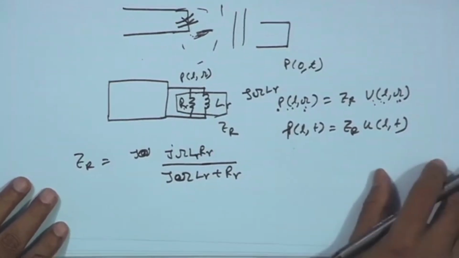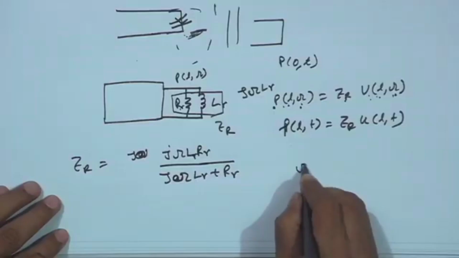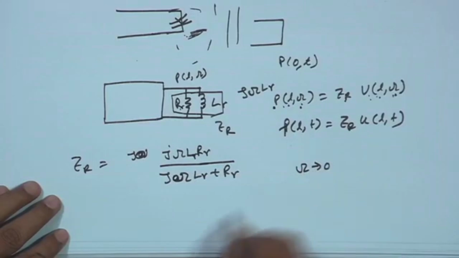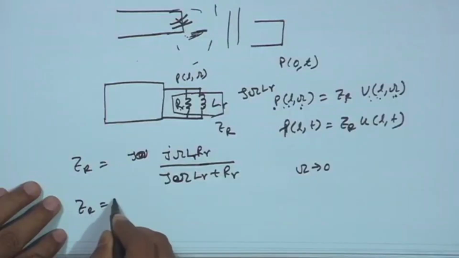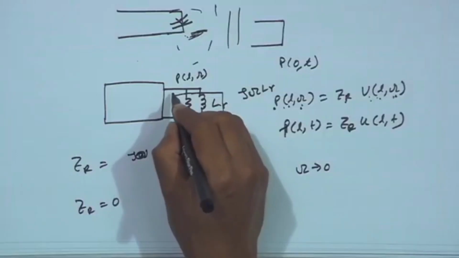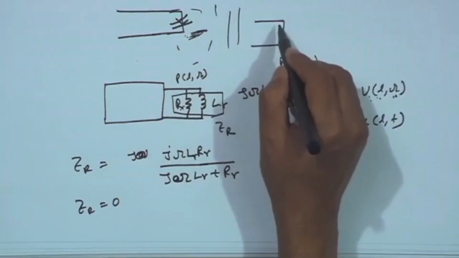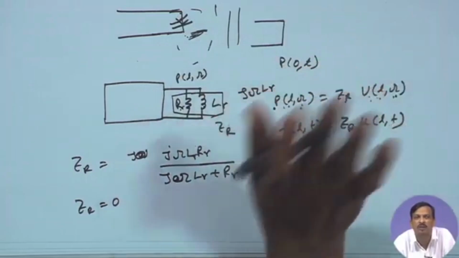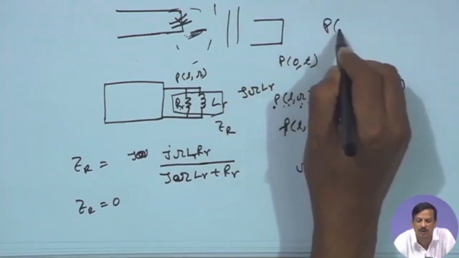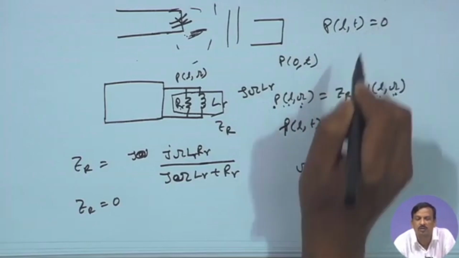Now, where omega tends to 0, at very low frequency, Z_R is equal to 0. That means the radiation load is not there, it is totally short circuit, which is the ideal condition where we said P_L(t) is equal to 0.